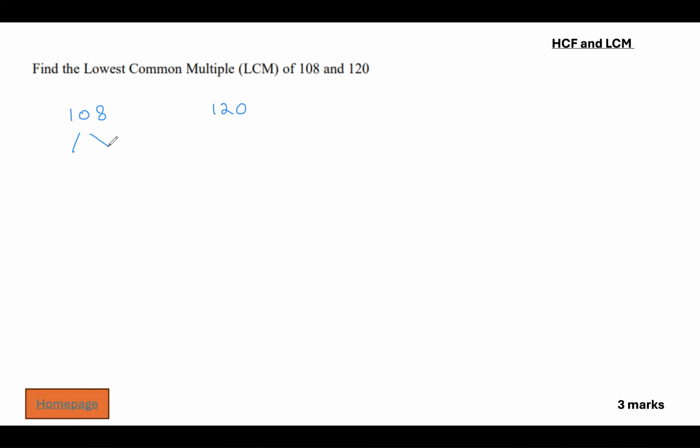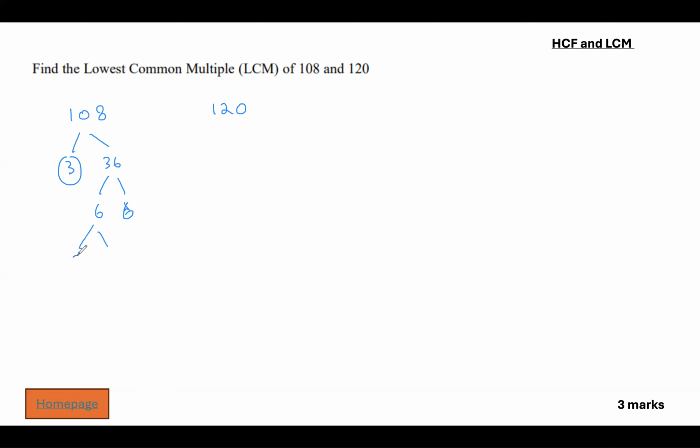108 is divisible by 3. 1 plus 0 plus 8 is 9, so this is definitely divisible by 3. 108 divided by 3 is 36. So we get 3 and 36. And here we get 6 and 6. Neither of them are prime, so I don't know why I'm circling them.